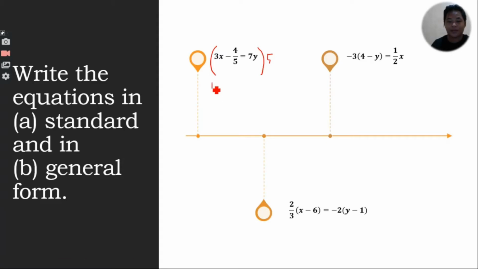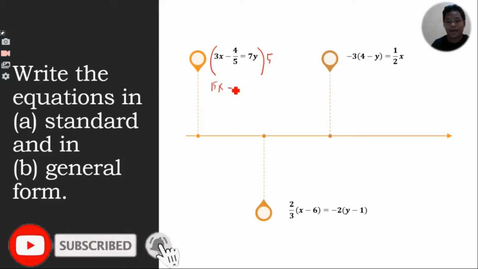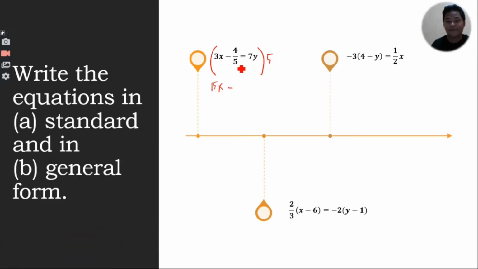Then we have 15x minus 4 times 5 is 20, divided by 5 is 4, is equal to 7y times 5 is 35y. Then we have 15x minus 35y is equal to 4. So this is our equation in standard form.